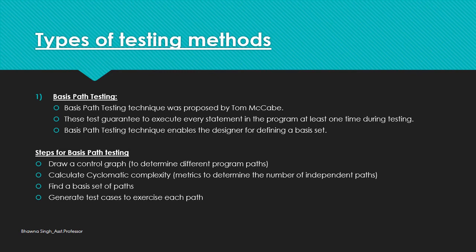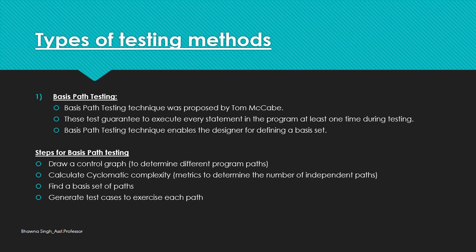And these are the basic steps by following which we will be able to do the basis path testing of a particular program. First of all, we draw a control graph for the program that the developer has designed to determine how many paths are there inside that program. Then after creating that control graph, or you can say the flow graph, we calculate the cyclomatic complexity.